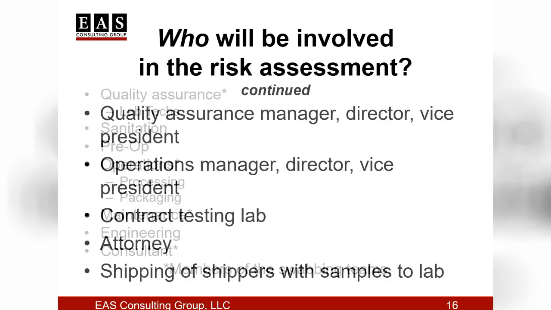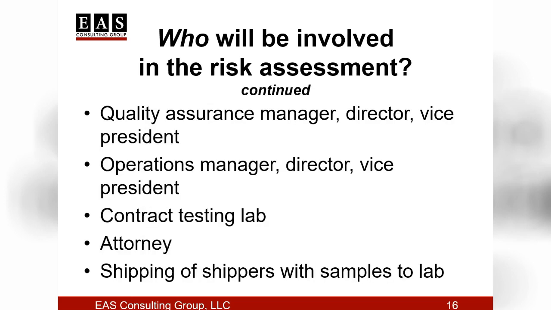So in addition, you will have some involvement at some level from your QA manager, director, VP. I've been on a project where the VP of quality assurance was right there with us side by side doing the investigation. And of course in ops, so you have manager, director, vice president there. You will be talking with your contract testing lab because they're the ones going to be doing the pathogen work and probably some other testing for you.